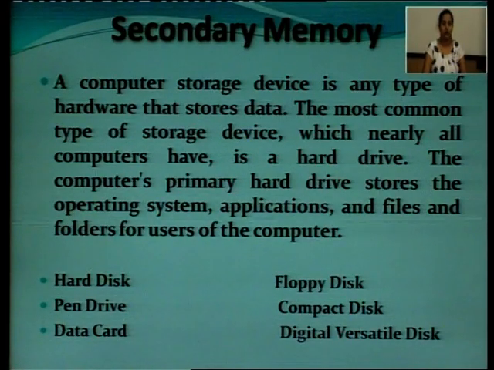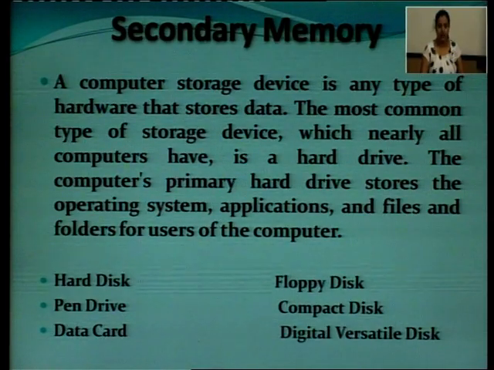Basically what we do in the secondary memory is make partitions like C, D, E. In C we keep all our booting files, and in D we keep our data which is necessarily required by us. The types of secondary memory devices are hard disk, pen drive, data card, floppy disk, compact disk and digital versatile disk.